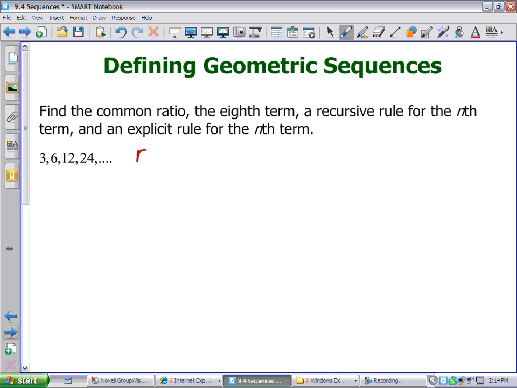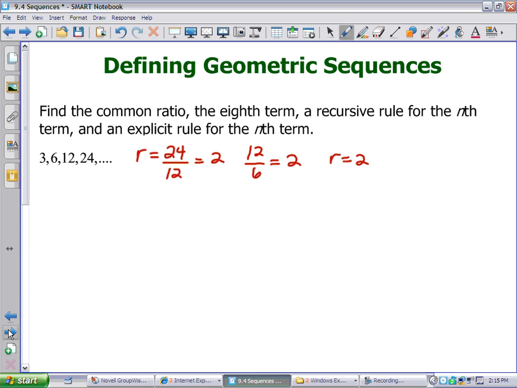We said you find your r by taking the ending term and dividing it by the previous term. So let's say I have 24 divided by 12. That's going to give you 2. If I do 12 divided by 6, that's going to give you 2. So here your r comes out to be 2. Your common ratio is 2.